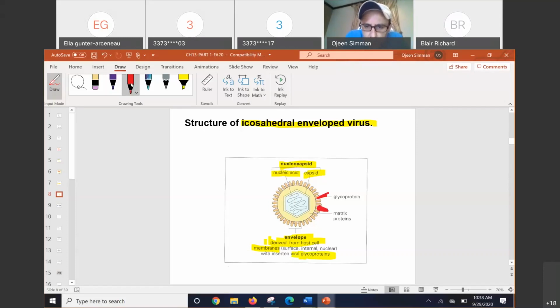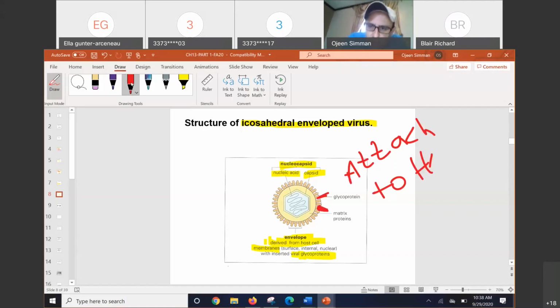These glycoproteins are needed to attach to the host cell.